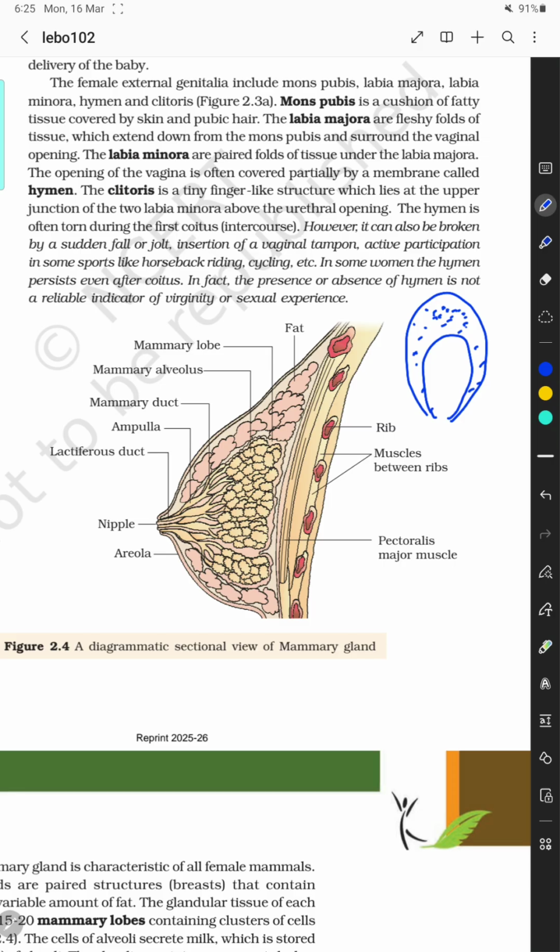Inner to this mons pubis, two fleshy folds are present, which are larger in size. They are called labia majora. Then inner to this, two small fleshy folds are there, that is labia minora. At the junction of the labia majora and labia minora, there is a small finger-like projection that is called the clitoris.